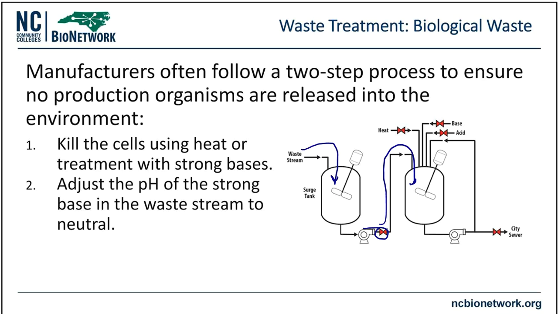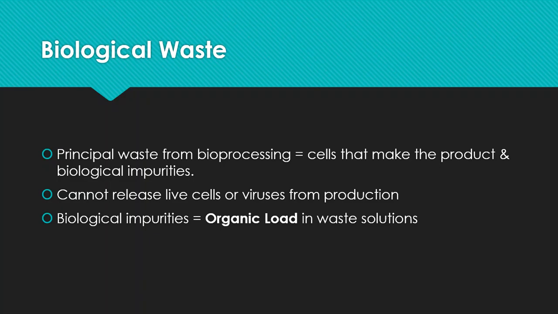In that second tank, we're going to apply some heat, some base, some acid. We're going to do what we need to do in order to neutralize this threat, kill it all out, and make it safe for disposal. Just like the other one, there's probably some type of pump and some type of valve that's going to suck that out, and we can turn that flow on and off as needed throughout our disposal processes or techniques.